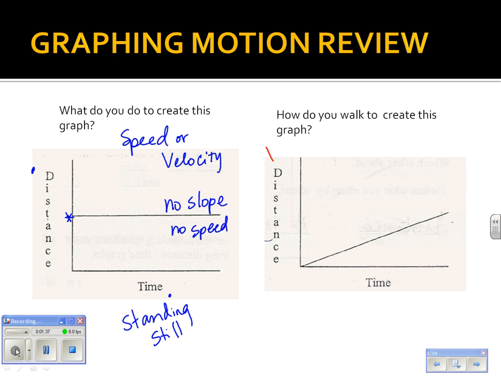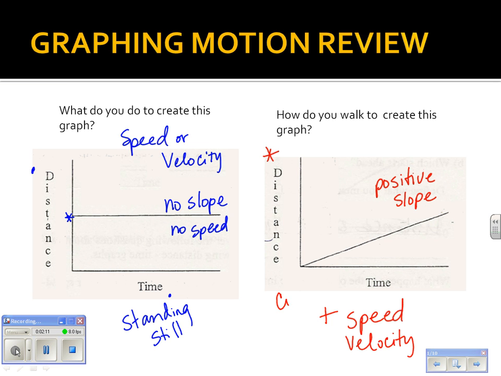How would I walk to create this next graph over here? So I'm going to look over here at this graph on the right. Well, this line has a positive slope. So since it has a positive slope, it must have a positive speed, or positive velocity. It means that I am going forward, and that I am going with a constant speed.